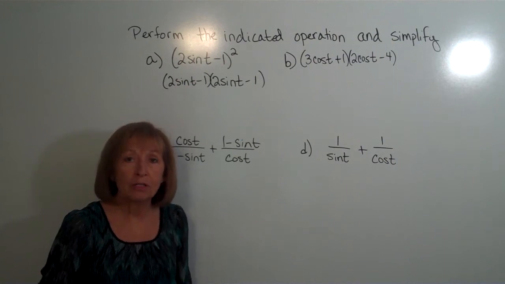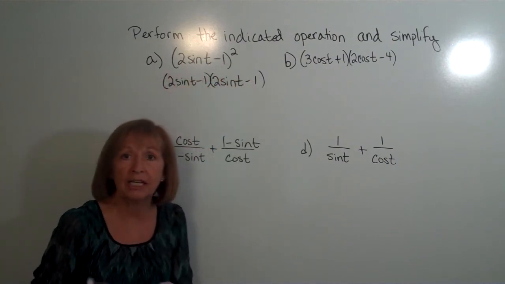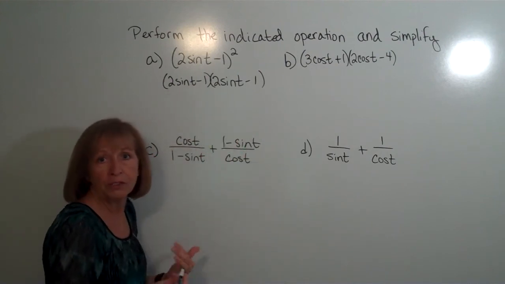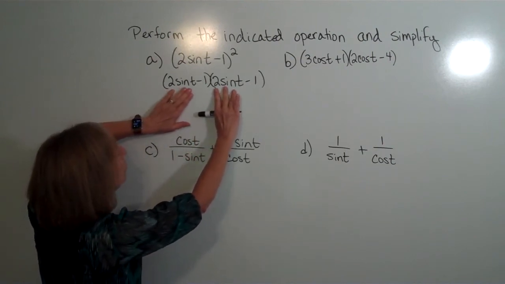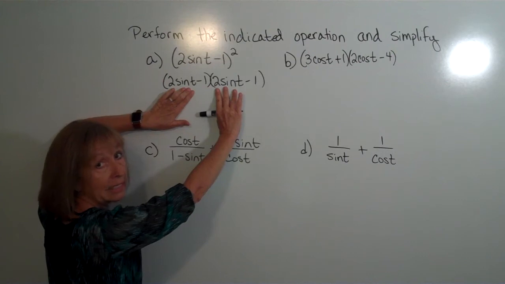Now, if I'm going to multiply this out, because it's a 2-term expression times a 2-term expression, I have to do the extended distributive property, which a lot of times we call by the acronym FOIL. So first term times first term, 2 sine t times 2 sine t: 2 times 2 is 4, sine t times sine t is sine squared t.